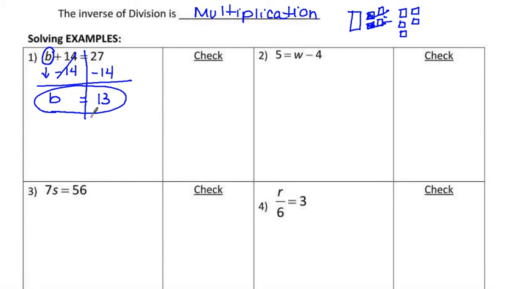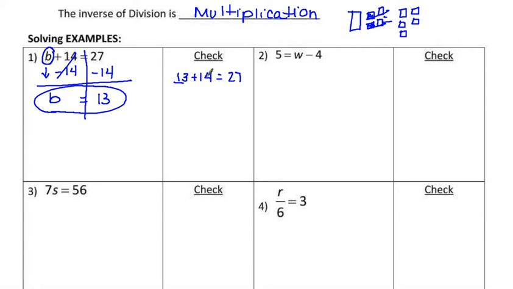Now, how do I check this to make sure that it's right? Well, let's rewrite the problem, but in place of b, I want you to leave a blank. So blank plus 14 should equal 27. Well, what should go in the blank that was b? 13 is going to go in the blank.